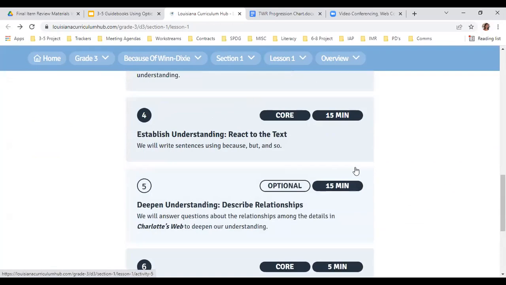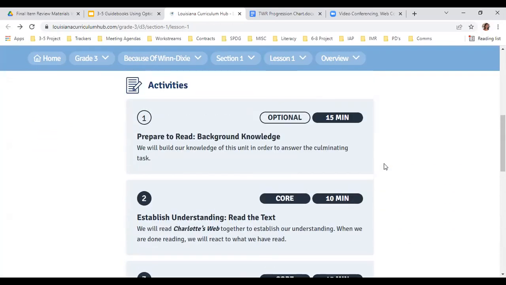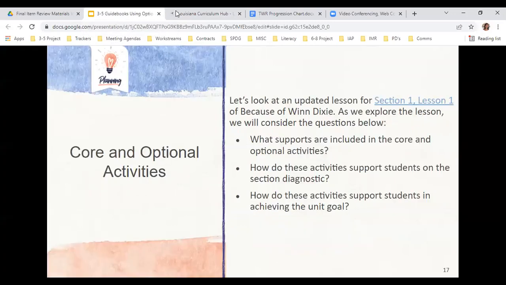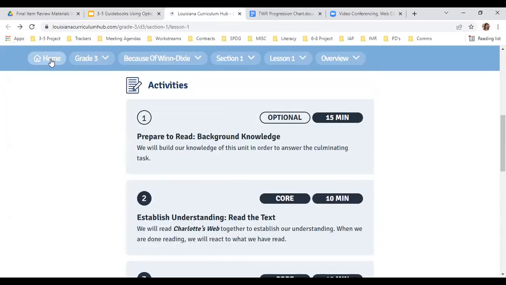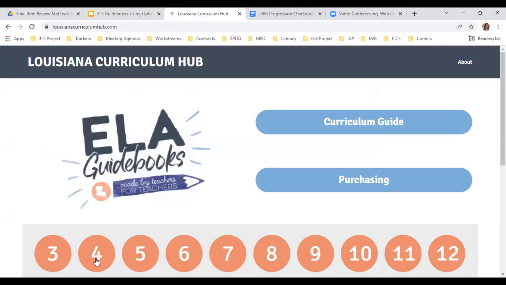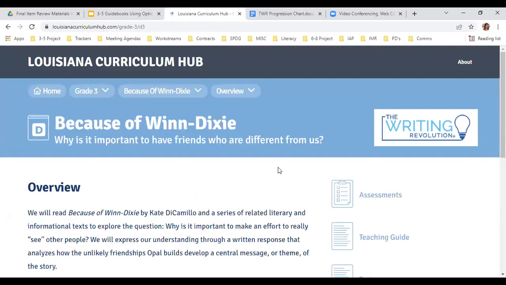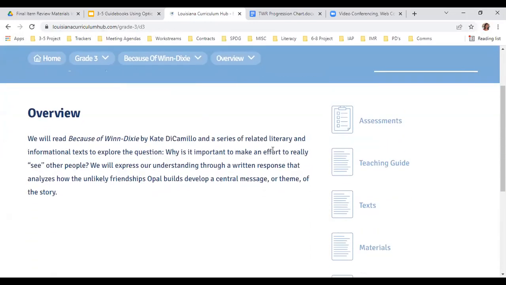So these activity supports are building students' knowledge, helping them understand the relationships, supporting their understanding with text evidence, and giving them discussion opportunities to prepare themselves for any discussions as they go through this unit and in future units. So how do these activities support students in achieving the unit goal? Again, they're building background knowledge and they're building their understanding of relationships.